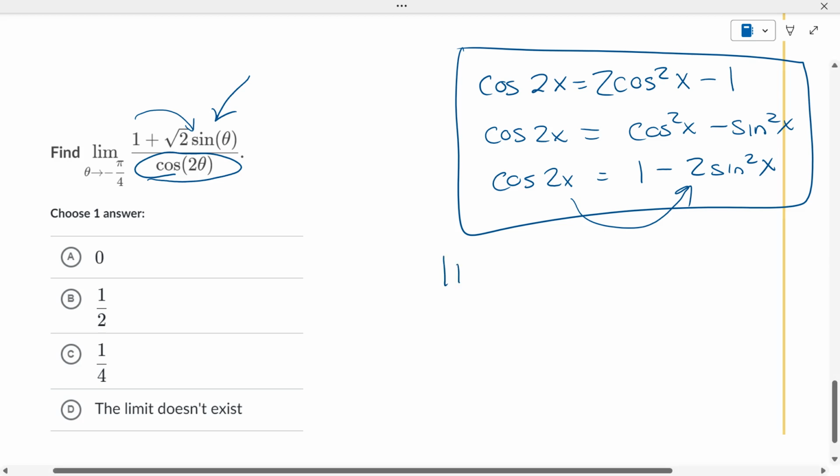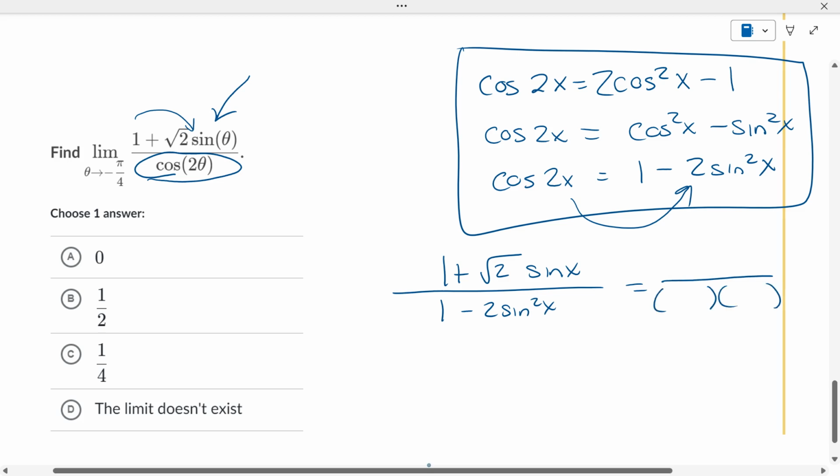So I'm going to go 1 plus the square root of 2 sine of x. In the denominator, I'm going to have 1 minus 2 sine squared of x. And again, this is difference of squares on the bottom. It's 1 plus and 1 minus. And if you split this up, it's the square root of 2 sine of x and the square root of 2 sine of x.